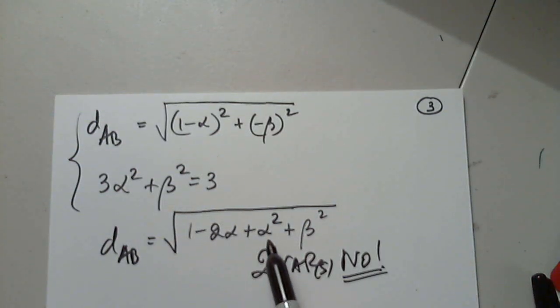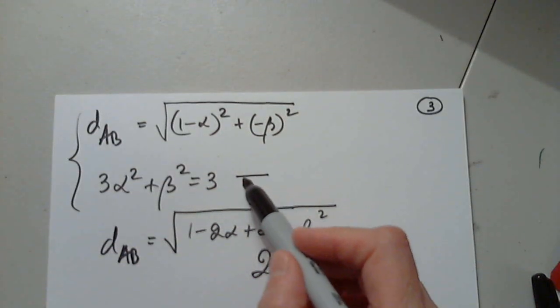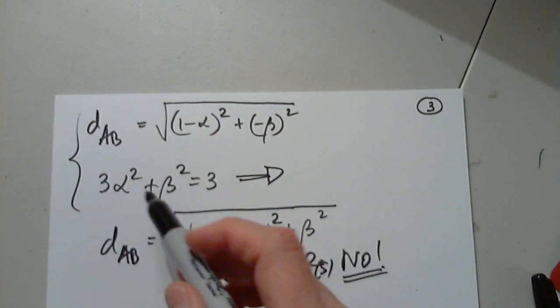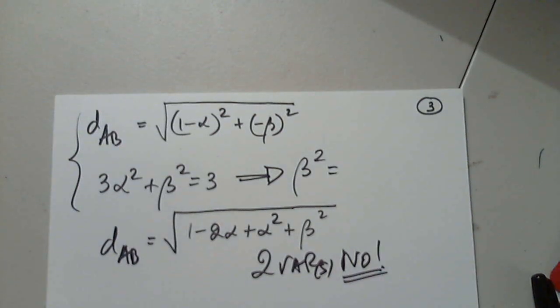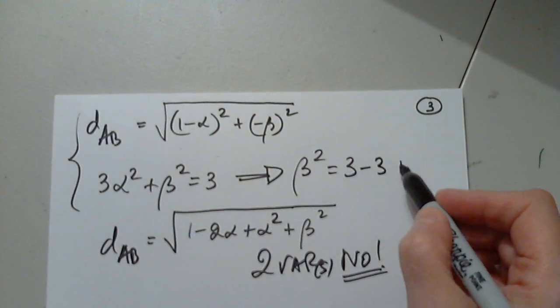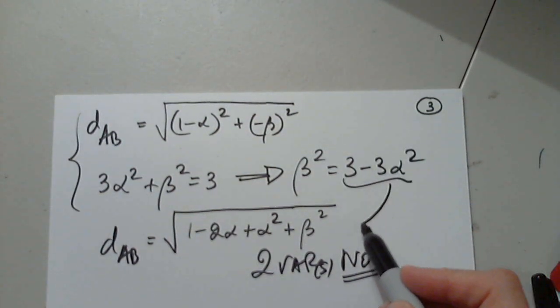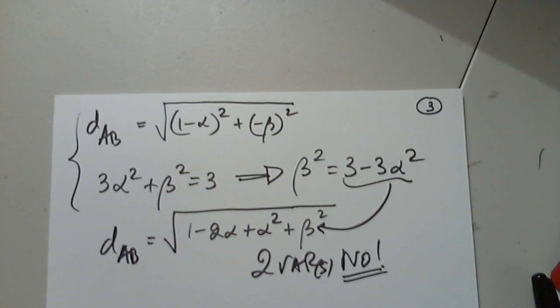I would keep alpha, and I will get rid of beta squared. Can anyone give us what beta squared equals from here? 3 minus 3 alpha squared. Exactly. 3 minus 3 alpha squared. This will take care of beta squared.